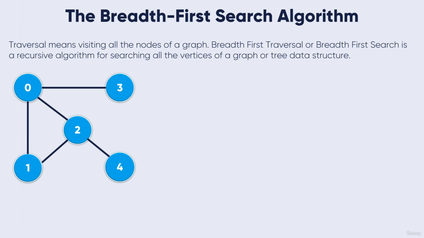Okay, so we have the visited nodes. The standard BFS, breadth first search algorithm, implementation puts each vertex of the graph into one of two categories, visited and non-visited. The purpose of the algorithm is to mark each vertex as visited while avoiding cycles.